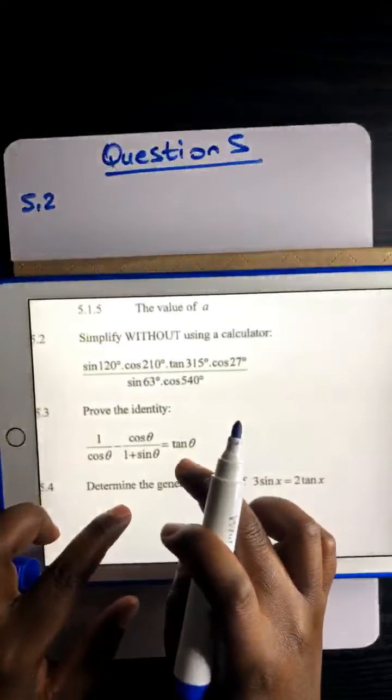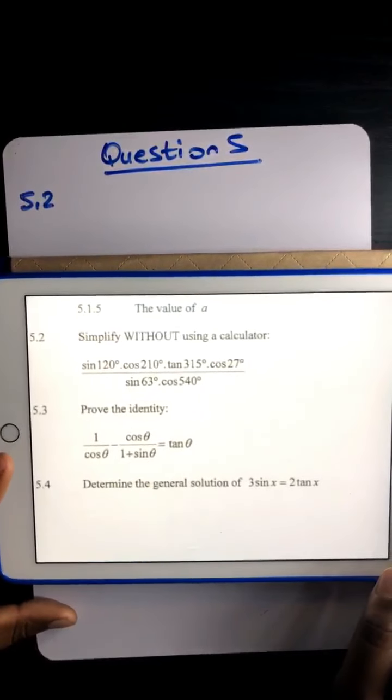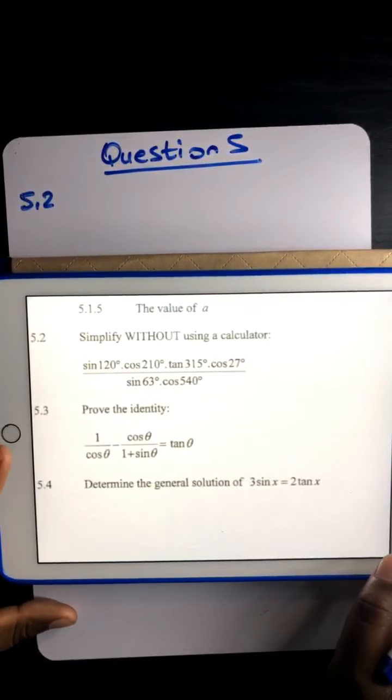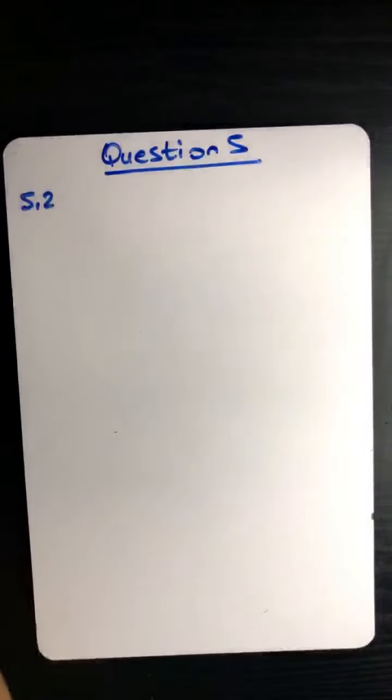They say simplify without using a calculator. A sine of 120 times cos of 210 times tan 315 times cos 27 sine 63 cos of 540.